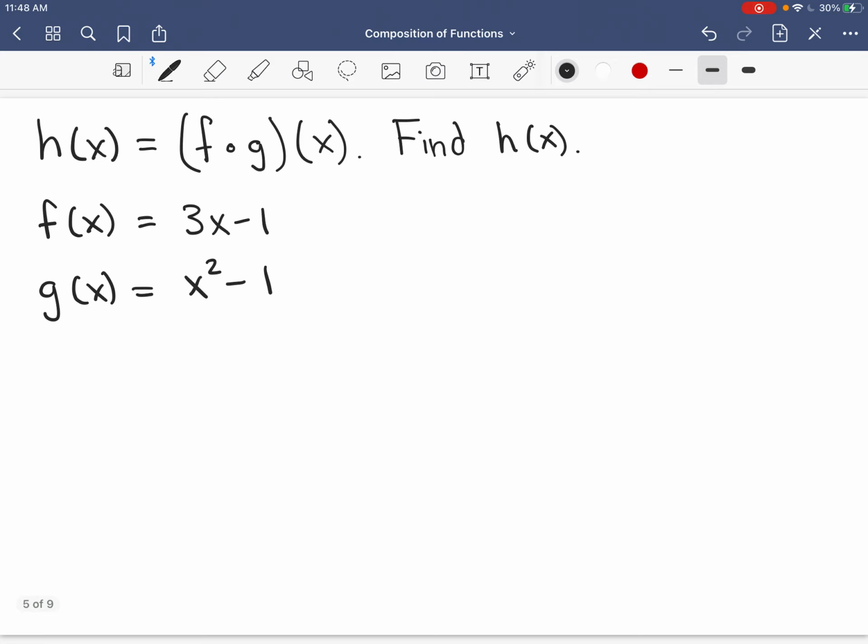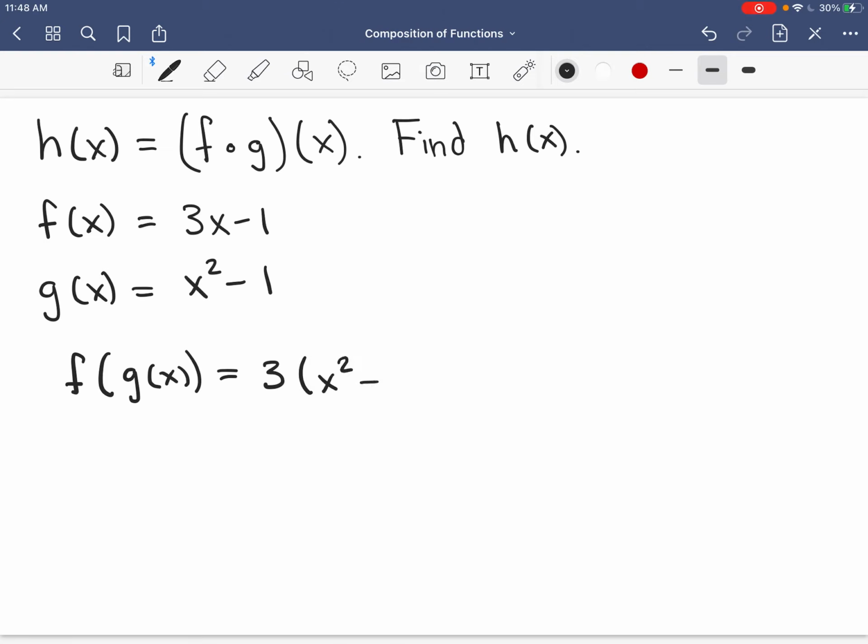So our first example is h of x equals f of g of x, and we need to find h of x. If we have f composed with g of x, that means we need to do f of g of x, which is going to equal 3, and everywhere there's an x, we substitute in x squared minus 1.